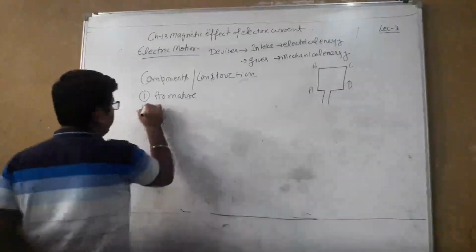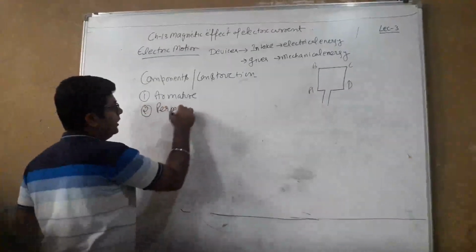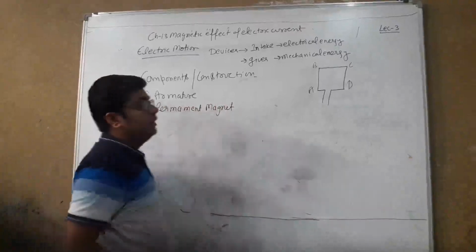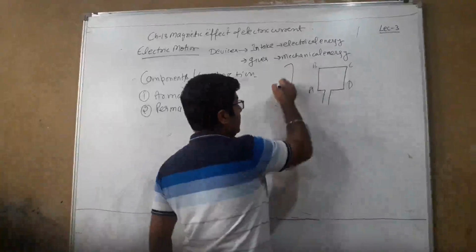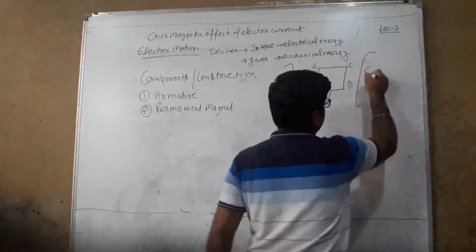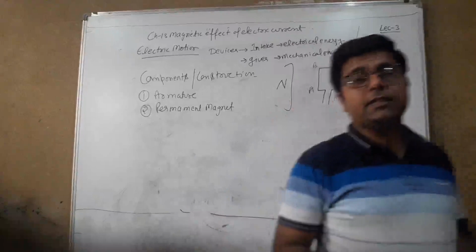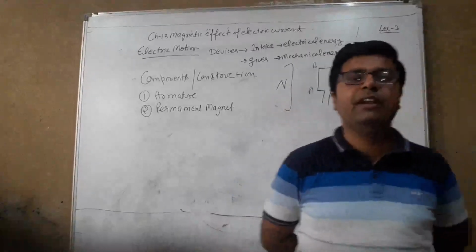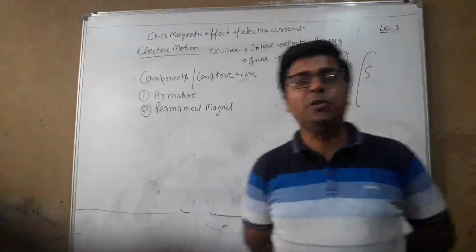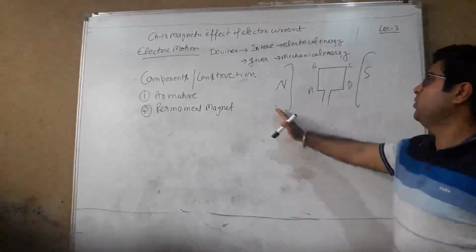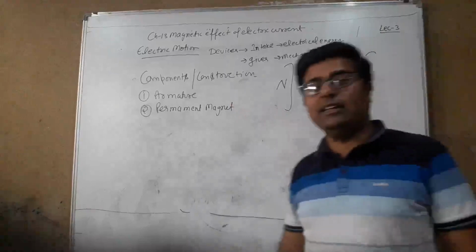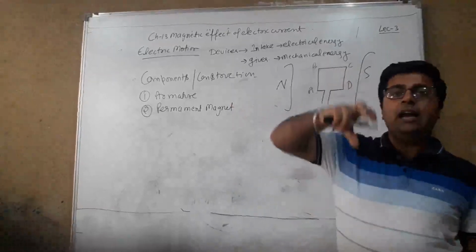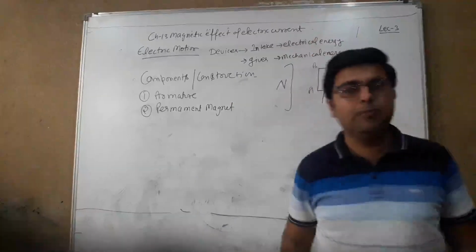Next we have a permanent magnet over here. This is our north pole and this is our south pole. The question may arise in your mind: sir, in the very first lecture you said that a magnet never exists as a monopole, but now you have drawn a north pole and a south pole. Actually beta, we are just showing an upper view of our electric motor.